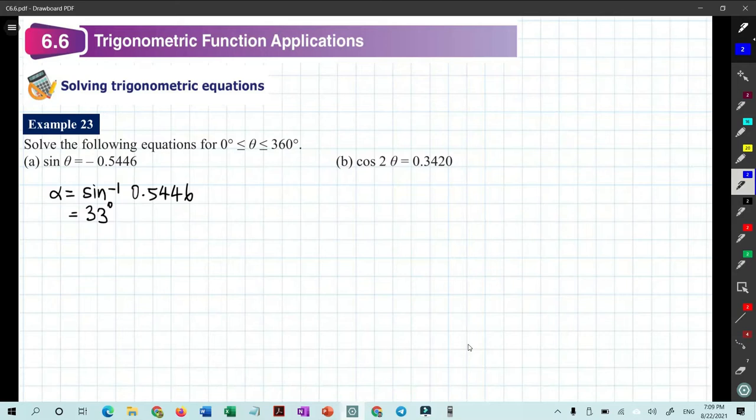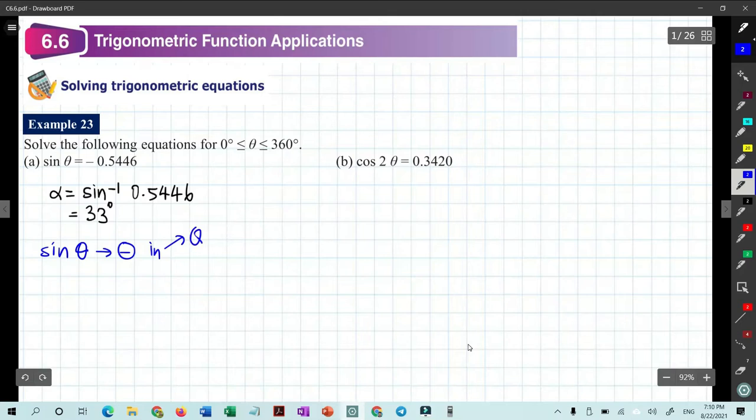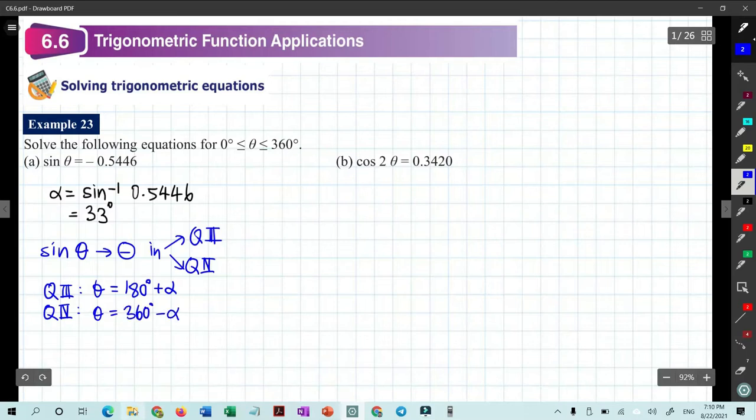sine is negative in quadrant number 3 and 4. So sine theta is negative in quadrant 3 and quadrant 4. For quadrant 3, theta is equal to 180 plus alpha, whereas in quadrant 4, theta is equal to 360 degrees minus alpha.